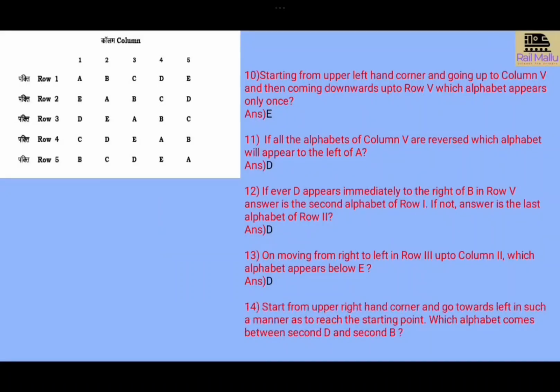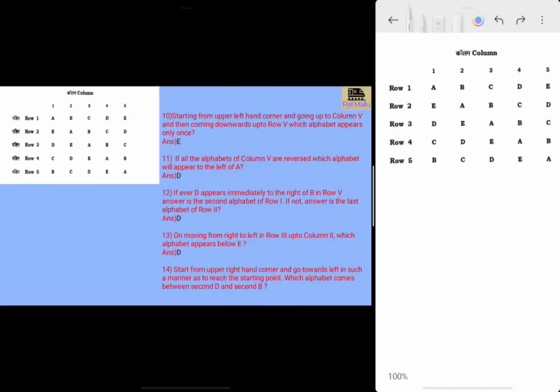Start from upper right hand corner and go towards left in such a manner as to reach the starting point. Which alphabet comes between second D and second B? So this is an interesting question. What they are telling is, start from upper right hand corner and go towards left in such a manner as to reach the starting point, which means we have to go like this.